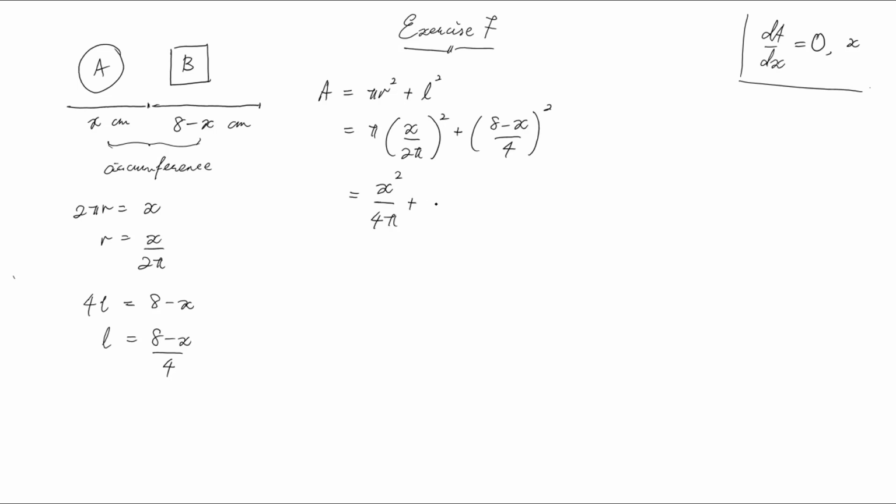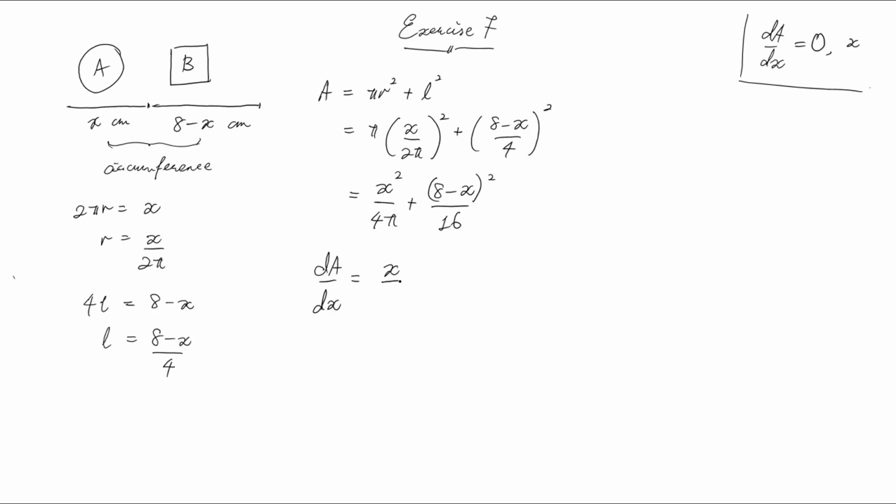And then for the second one we can simply write it in whatever way is easy to differentiate. We don't have any question asking us to show A written in particular terms of X, so it's up to us to rewrite it as long as it's easy for us to differentiate in this particular step. So this one will be 2 brought up to the front, then factorized by 4.